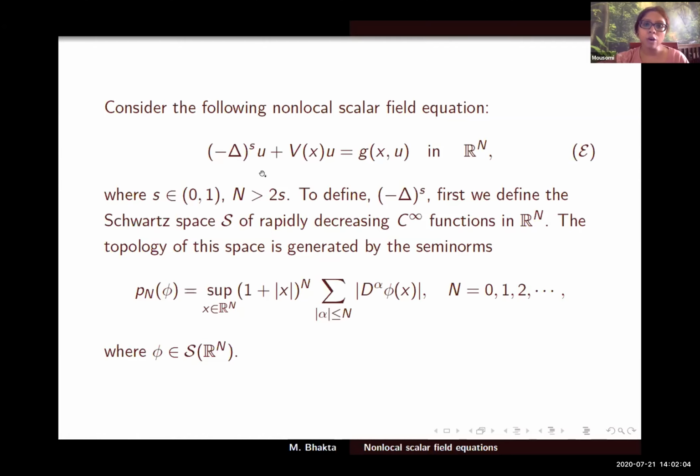To define this operator, (-delta)^s u, I will first define it on the Schwartz space functions. What is the Schwartz space? These are the rapidly decreasing C infinity functions.